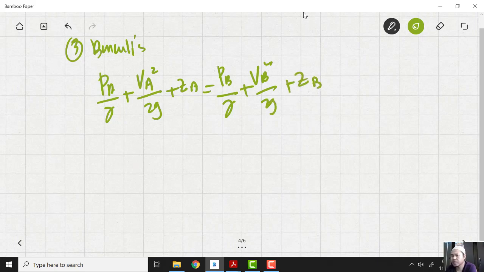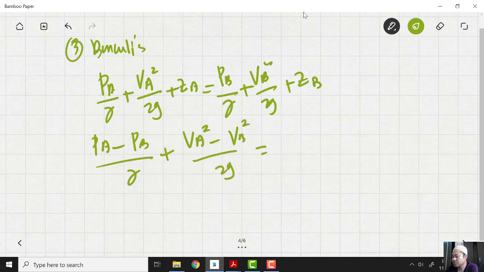Now let's separate pressure with pressure, velocity with velocity, and elevation with elevation. So we have PA minus PB over gamma plus VA square minus VB square over 2g equal to ZB minus ZA.